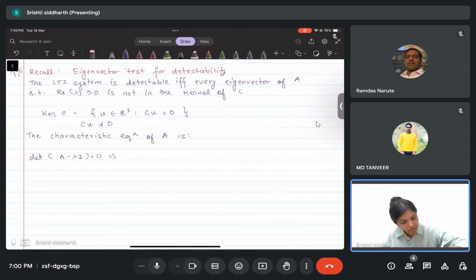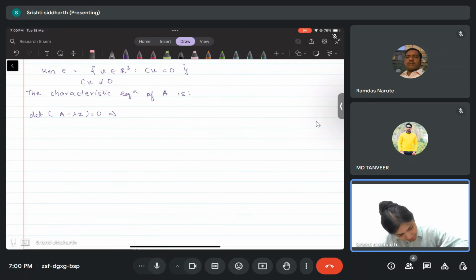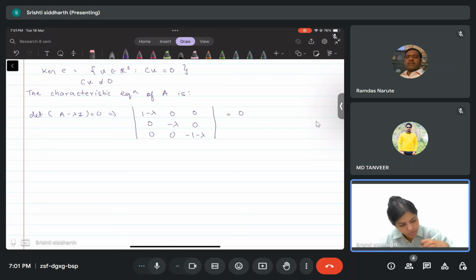So we have 1 minus lambda, minus lambda, minus 1 minus lambda, zeros everywhere else. This is good since we have a diagonal matrix.